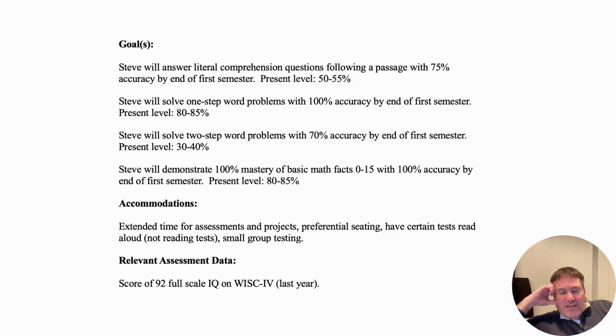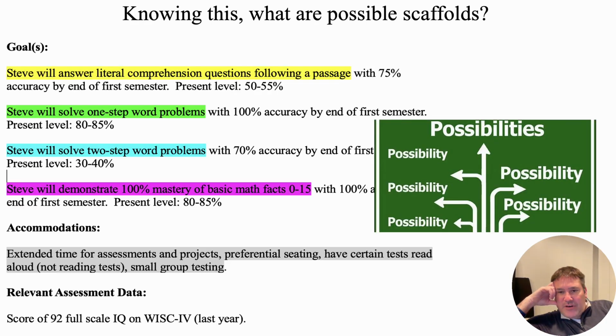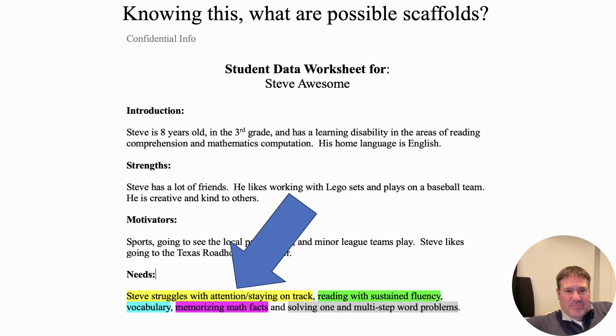On the infographic, I have access to his goals, his accommodations, and relevant assessment data. So again, for each of these, I can think about, here are the challenges, so what are the possibilities for adaptations and scaffolds that are going to make a difference for these kids?